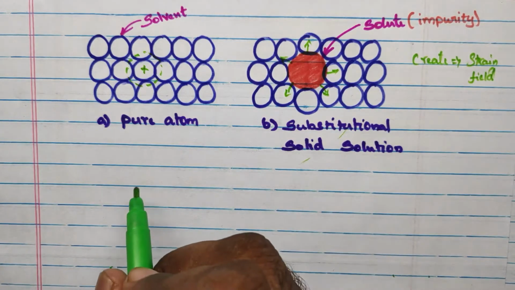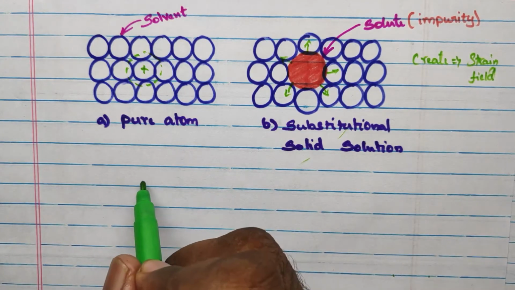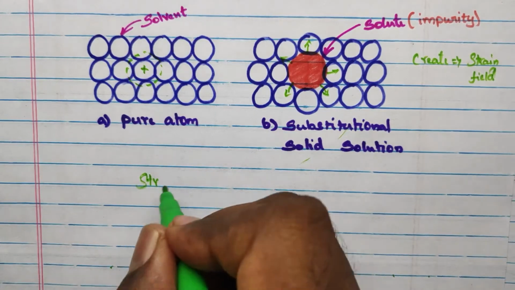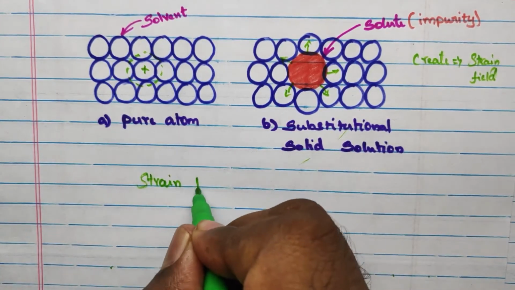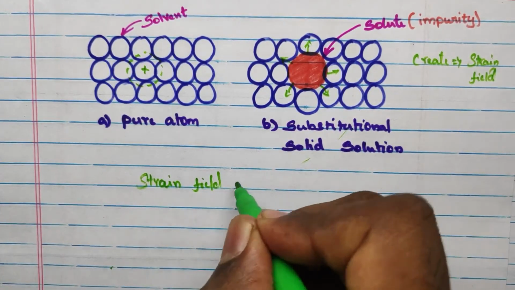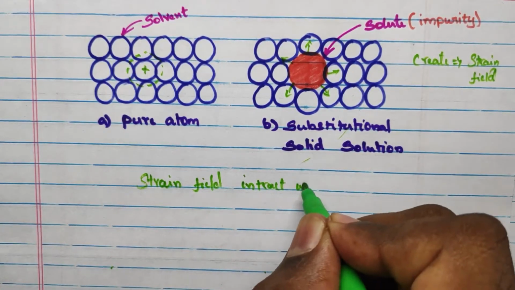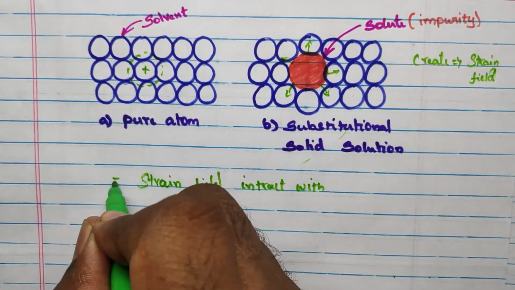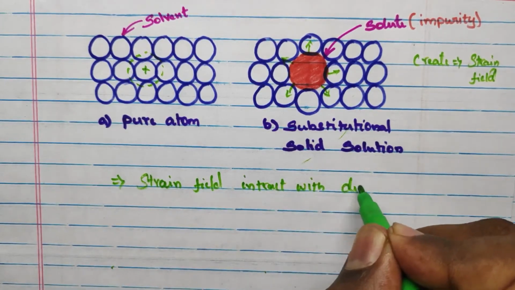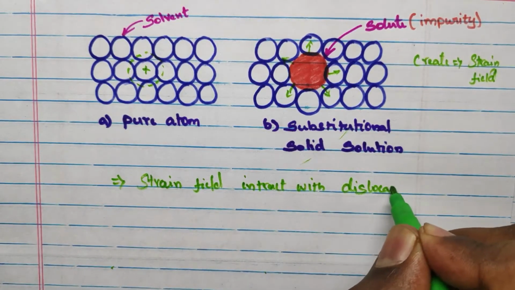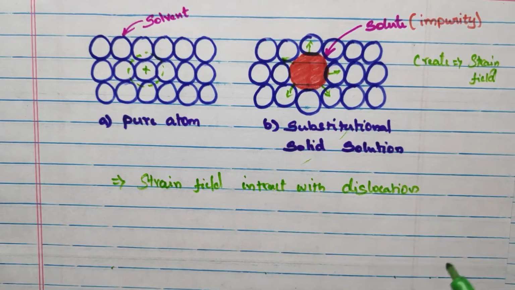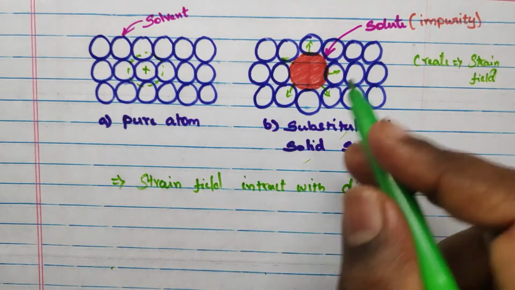So what is happening here: the strain field interacts with the dislocations produced by the tensile strain in the parent material.